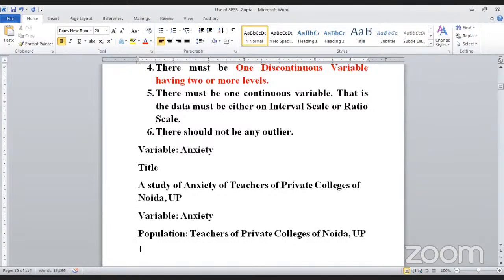And then your method of research, which is the survey method. So your title must give you these three pieces of information, and if it does not, then your title is not all right.